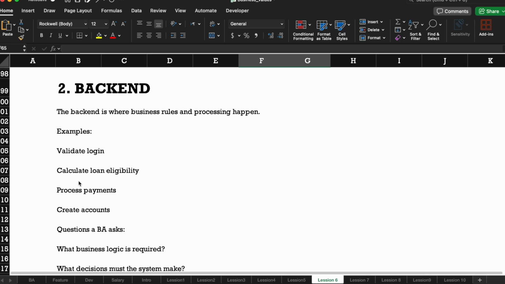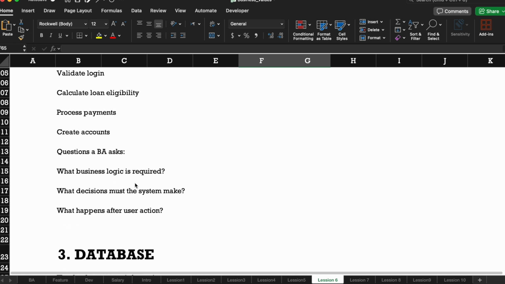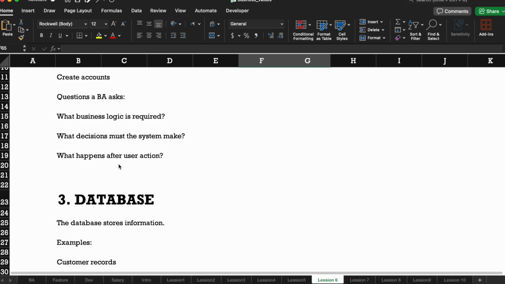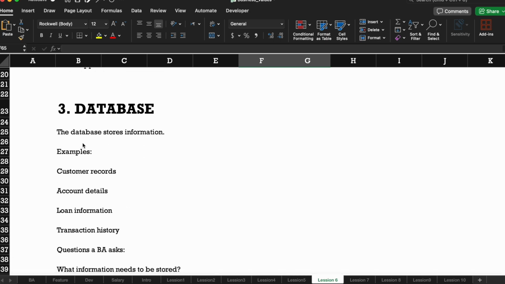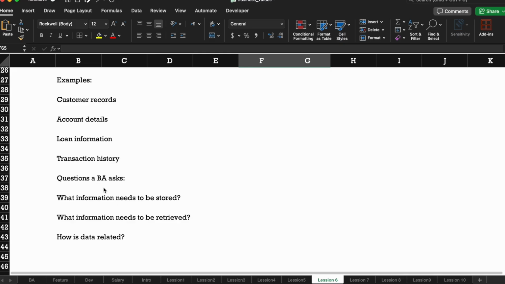Examples: validate login, calculate loan eligibility, process payment, create accounts. A BA asks what business rule is required, what decision must the system make, what happens after the user action. Number 3, the database stores information. Examples: customer records, account details, loan application information, transaction history.